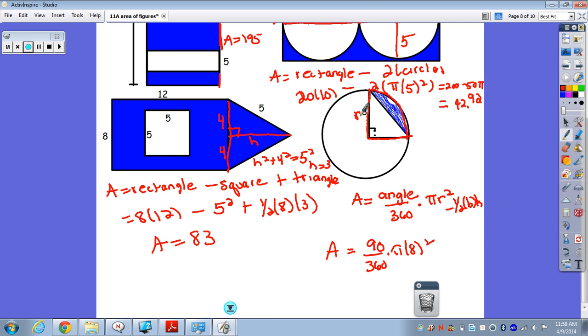This is my radius. So we get 16 pi, and then we're going to subtract the triangle. This is both 8 because they're both radii, which is 1/2 times 8 times 8. So we're going to subtract 32.